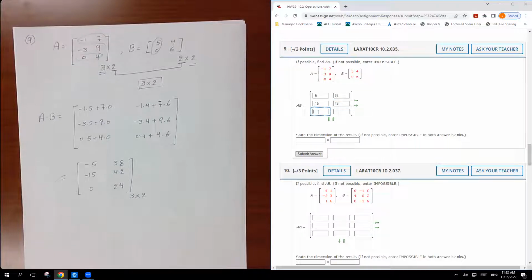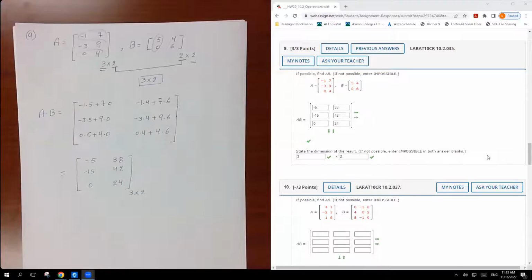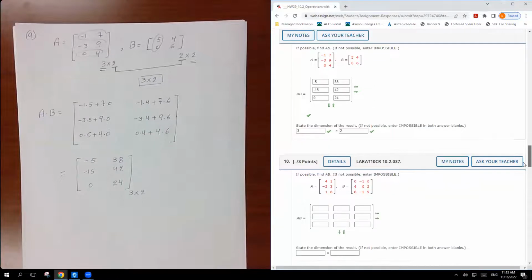Here is going to be 0 and 24. And the dimension for the matrix is going to be 3 times 2. That's it for this example. Here we go, we got it right. Let's go to example 10.